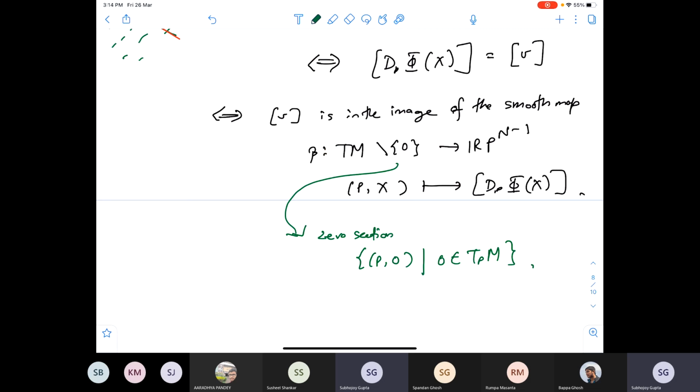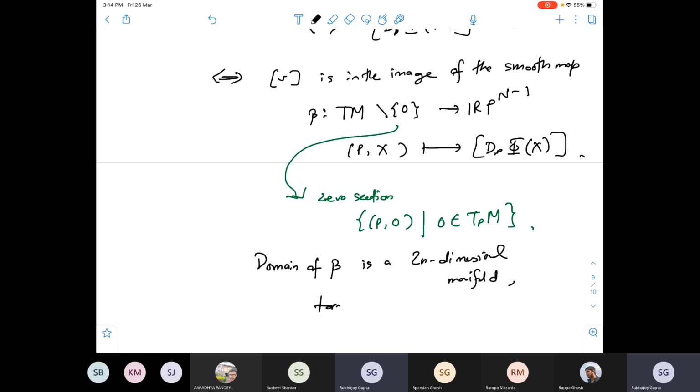So the domain of beta is a 2n dimensional manifold, and the target, as before, is an (n-1) dimensional manifold.